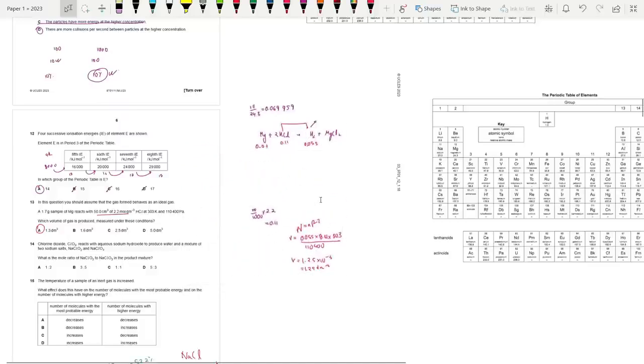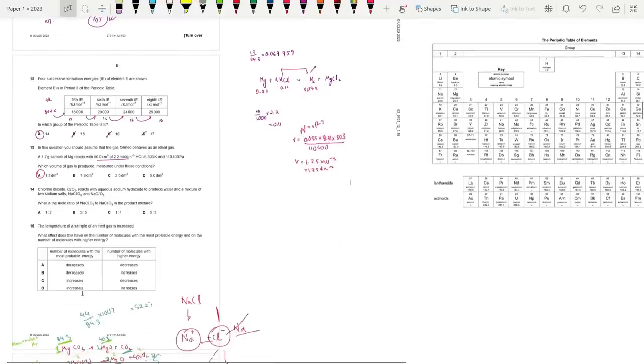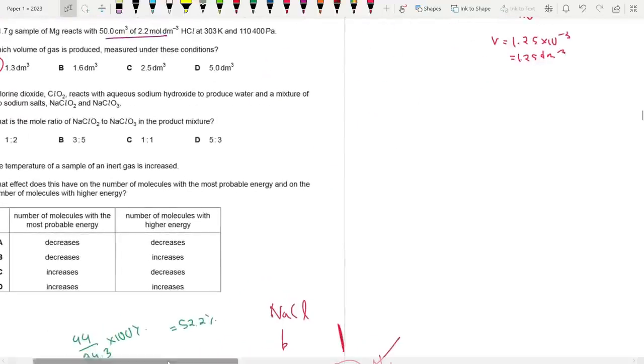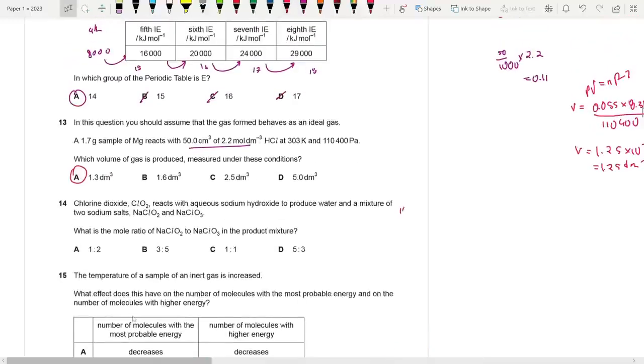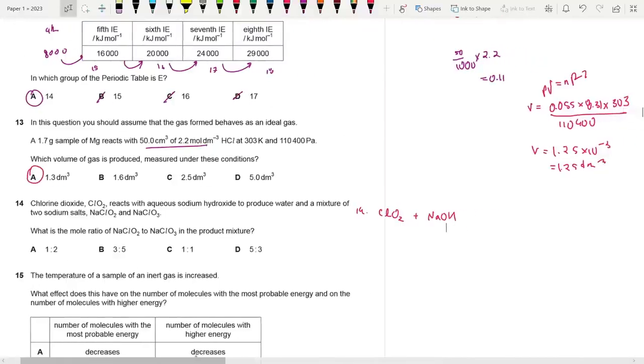Okay, so that's the working for 13. Now I'm gonna do it for 14. So for 14, ClO2 reacts with aqueous sodium hydroxide NaOH to produce water H2O and a mixture of two sodium salts.